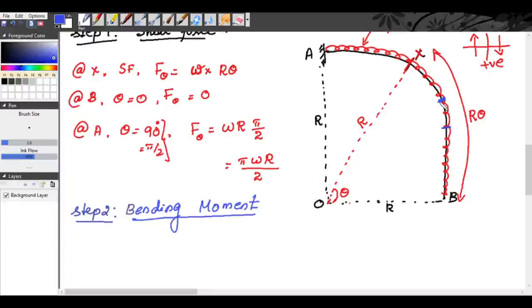Let us imagine that this stripe makes an angle of d theta with O. So this angle is d theta, and this distance will be equal to r into d theta.